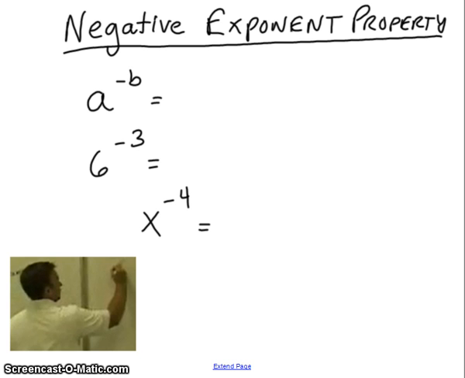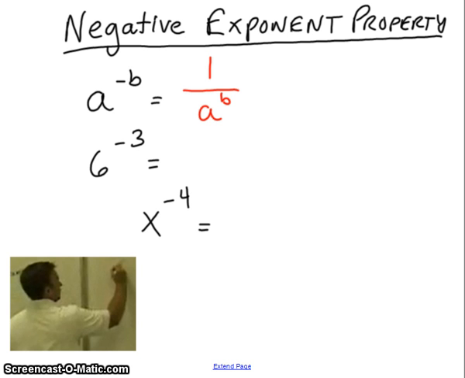Next one is the negative exponent property. The negative exponent property says that if I have a number raised to a negative power, that's going to equal the reciprocal raised to the positive power. Basically we just flip it around. If it's negative, we bring it to the denominator and make it positive.